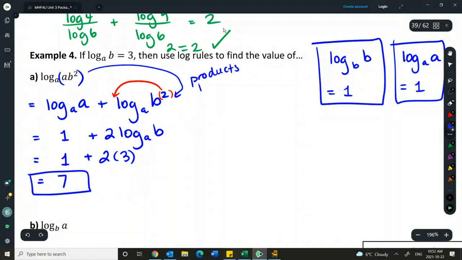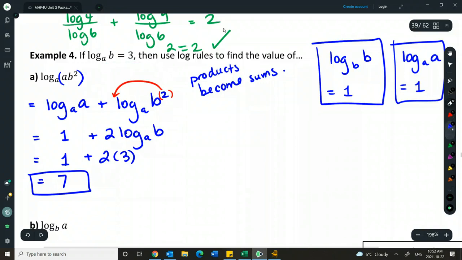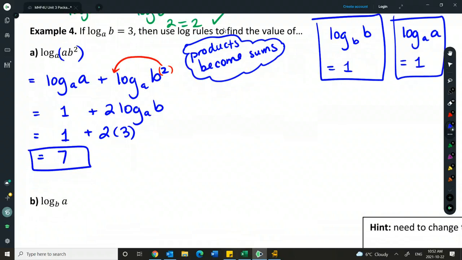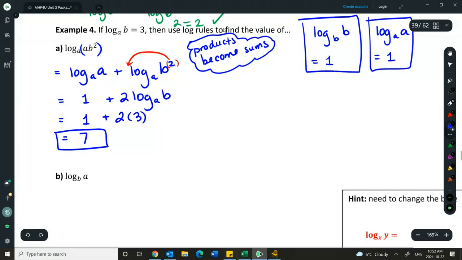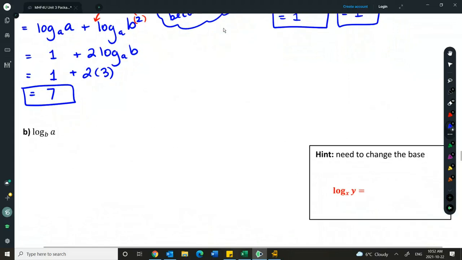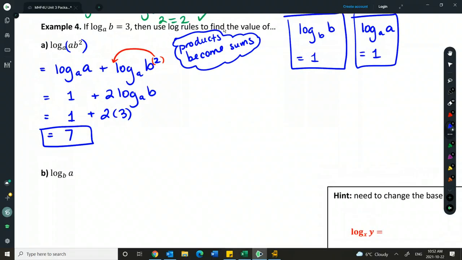Products become sums. Any questions for that one?